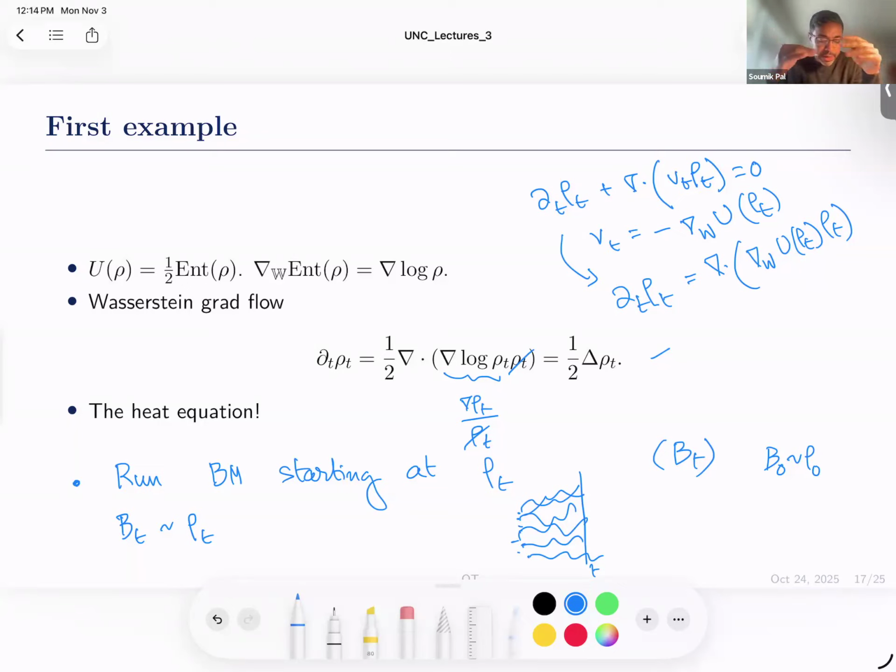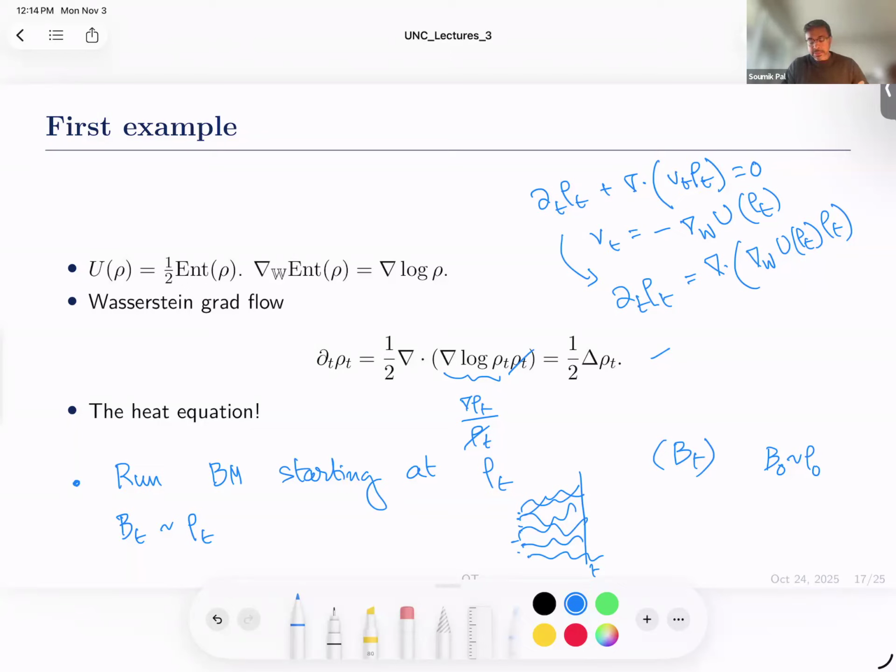But you can think of it like its minimum is attained at Lebesgue measure, where things are just diffusing out. What are Brownian particles going to do? If you start a Brownian motion, by its very nature it will diffuse out. And at time t equals infinity, you can think of it as if the Brownian density has become Lebesgue measure. So at time infinity, it does get to minimize this entropy.